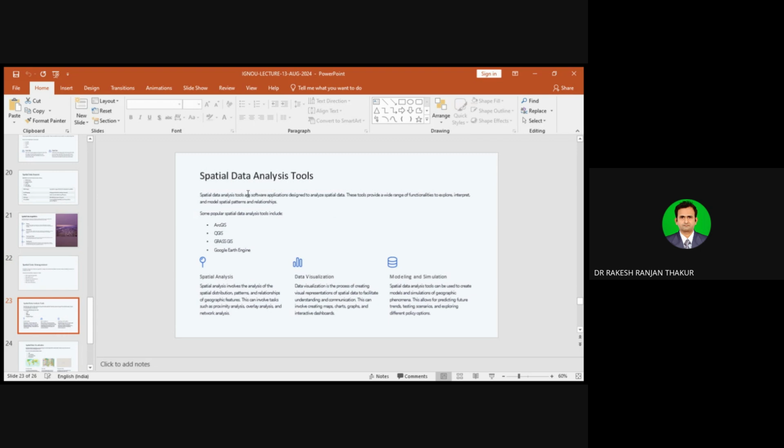Then spatial data analysis tools. What are the different tools? You can use ArcGIS, QGIS, GRASS GIS, Google Earth Engine. Many tools can be used for your spatial analysis, data visualization, modeling, and simulation.